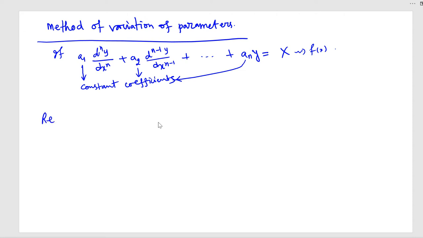So we can rewrite this to make it in the standard form.